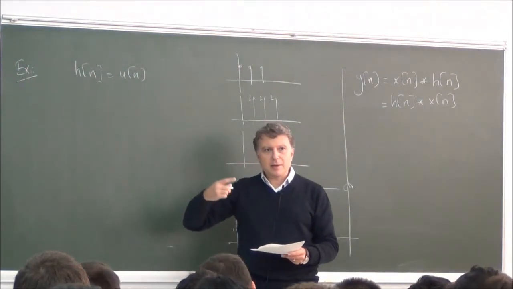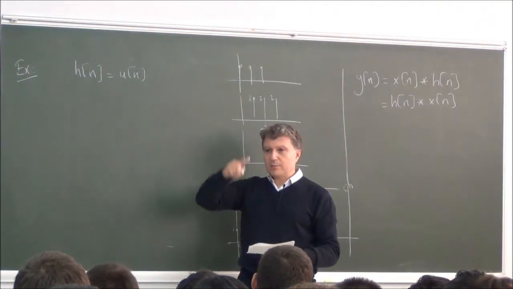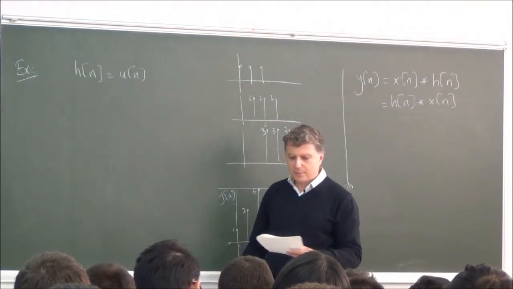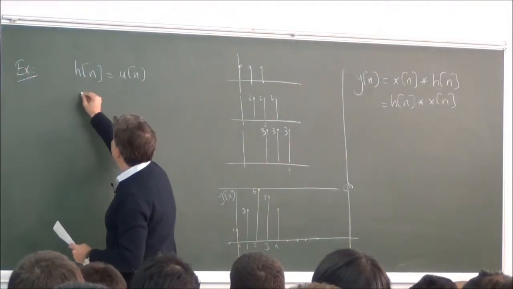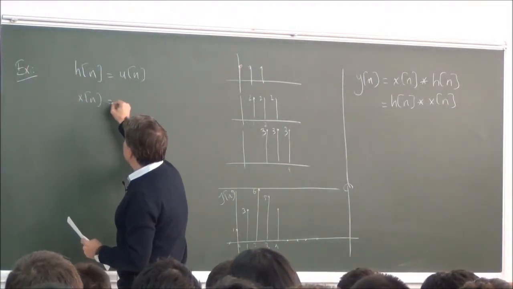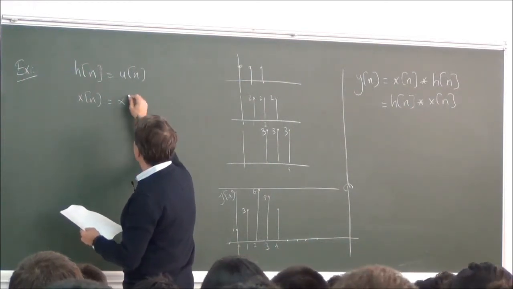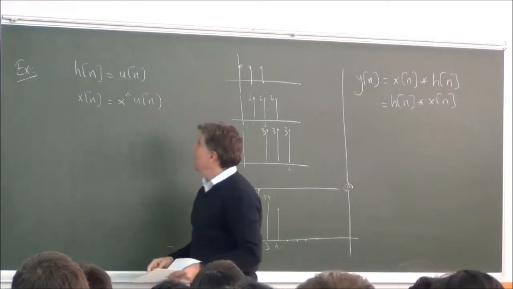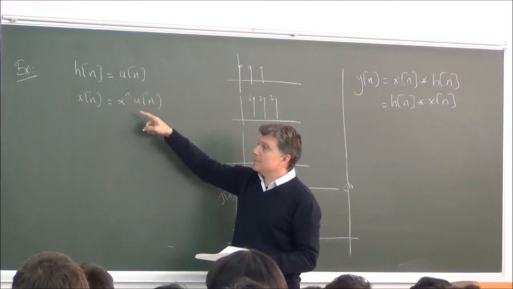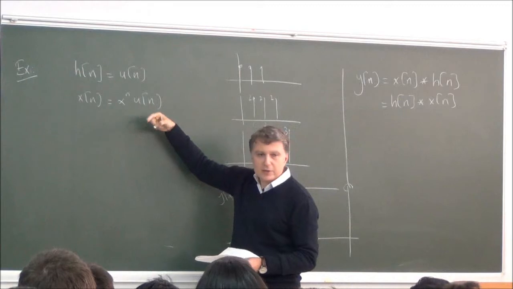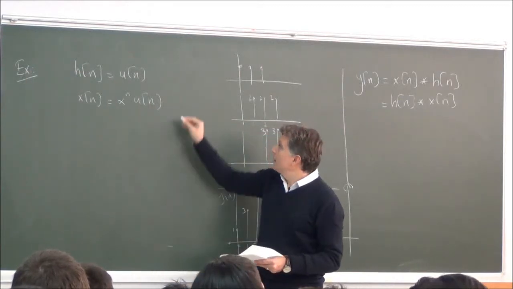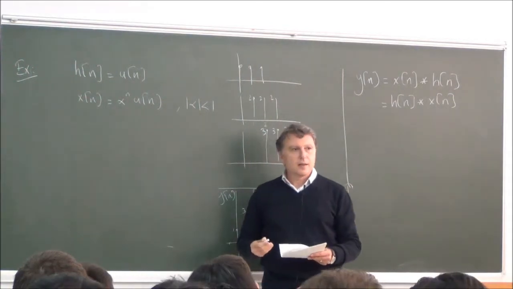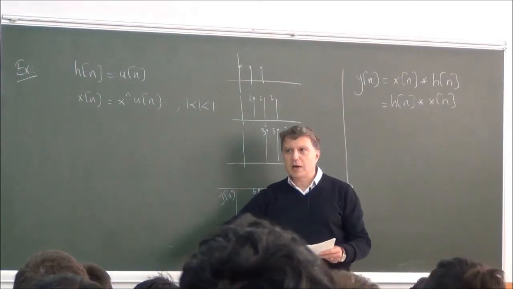When you apply an impulse, the output jumps to that value and it stays at that value. From that, determine the output to this input, alpha to the n u of n. As if this one is not enough, I'm giving you an input which is also infinite extent. Here, alpha is less than 1 in magnitude, so that it's a decaying exponential.